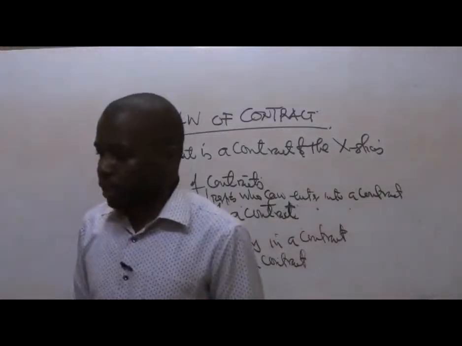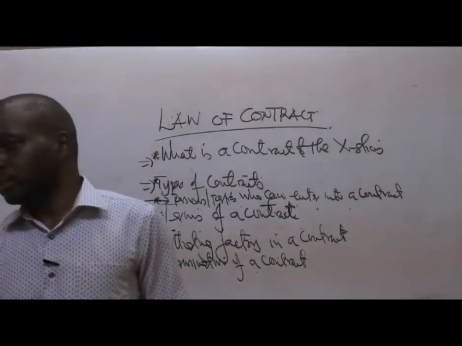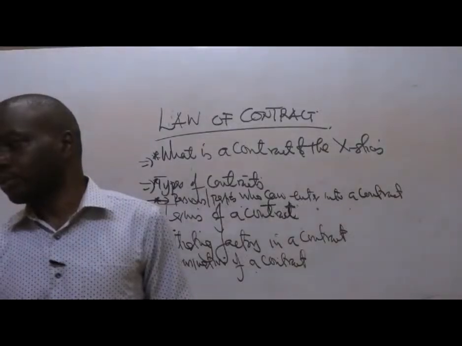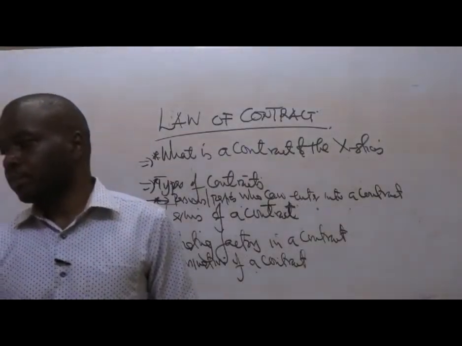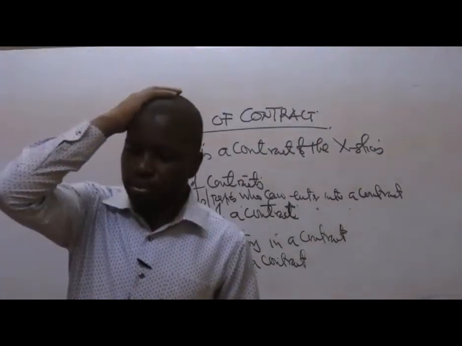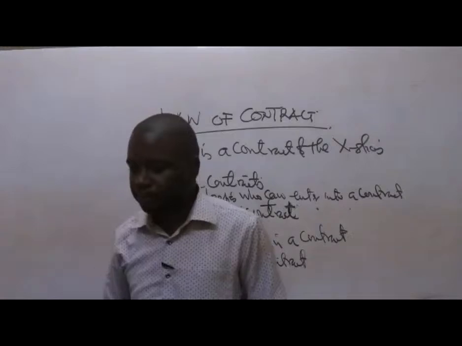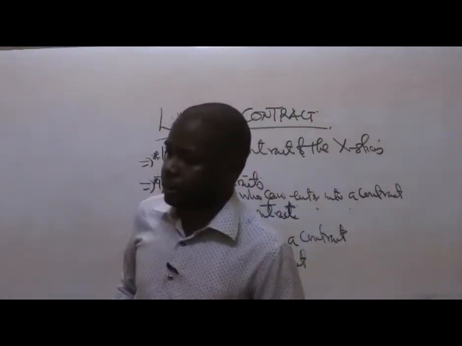So when you talk about a contract, it is simply an agreement that gives obligations to certain parties to fulfill. So an agreement of promises entered into. There is normally a promise that someone makes that he will fulfill under that particular agreement.